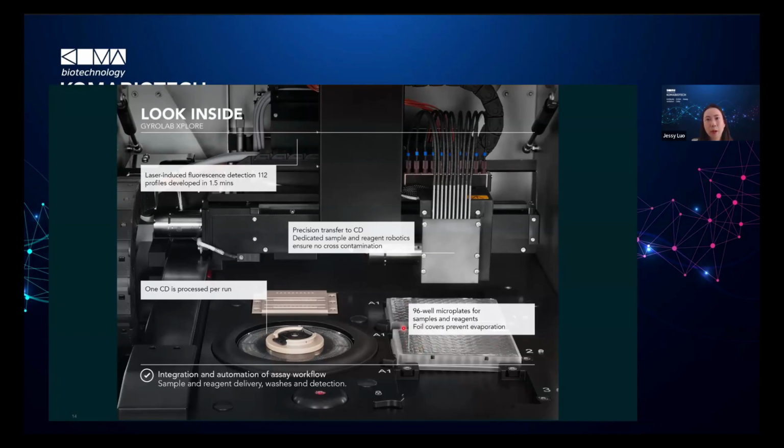You just place the capture reagent in one well and the detection reagent in another well. That's fine, but the amount should be enough for the full CD. The needle will take care of the reagent distribution on the CD platform.